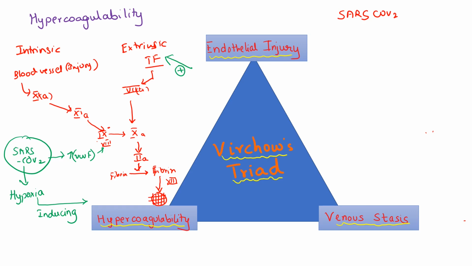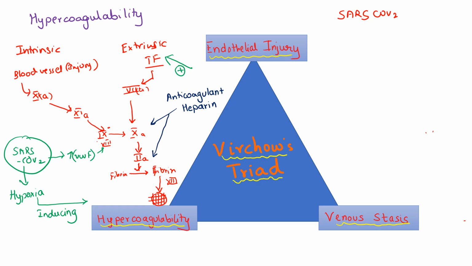Since we know that the coagulation cascade plays a role in thrombus formation and thereby leads to injuries in various organs, there came the concept of use of anticoagulants in the treatment. Of which the most commonly used is unfractionated heparin, which works by inhibiting factor 10A and also, indirectly or directly, factor 2A.